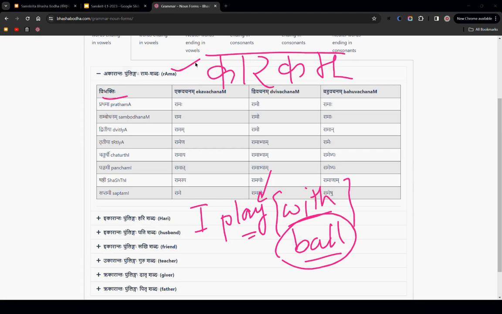But the case we are talking about in English defines the role played by a certain word with respect to the action. If we say, I play with the ball in the field, so in the field, what is it?